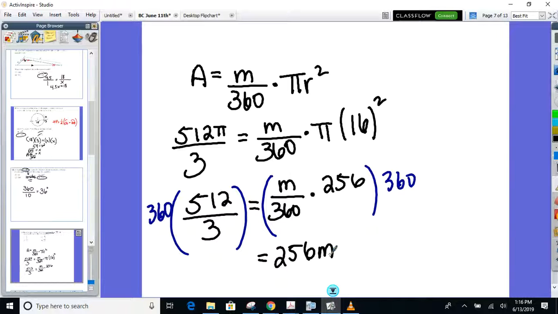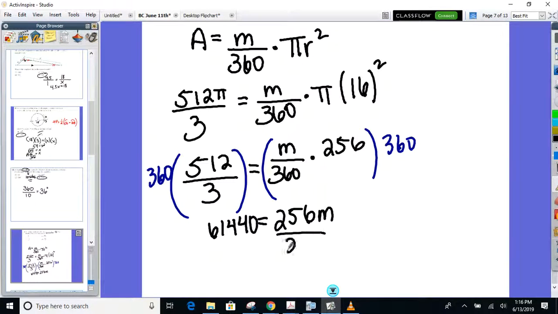Divide by 256. I'm not ready for that yet. 400. Divide both sides by 256. The measure of that angle is 240 degrees. We need to put it into radians.